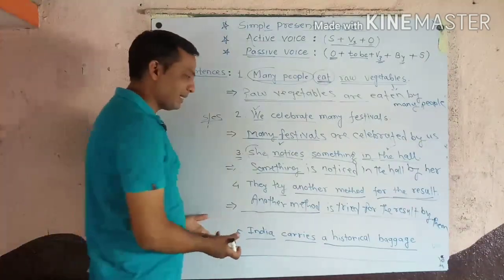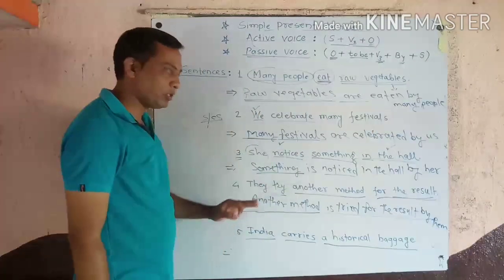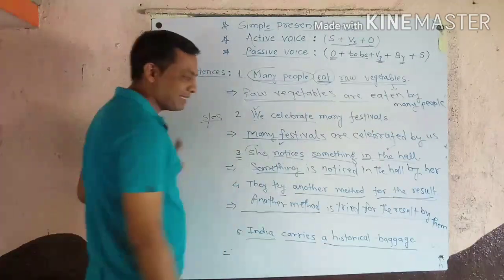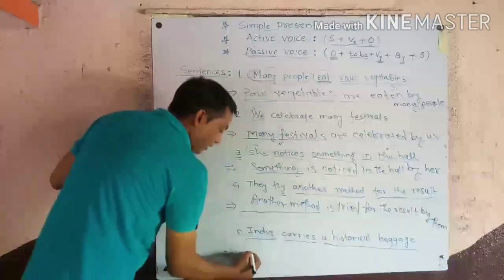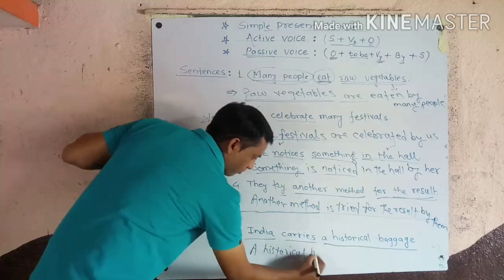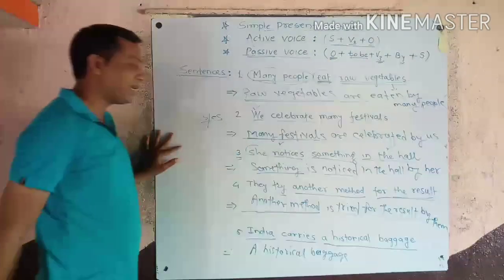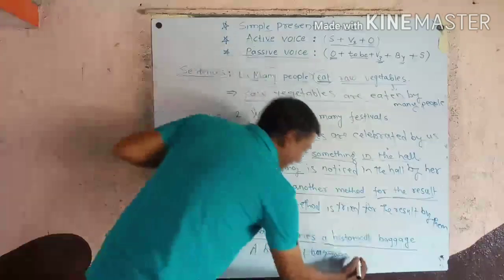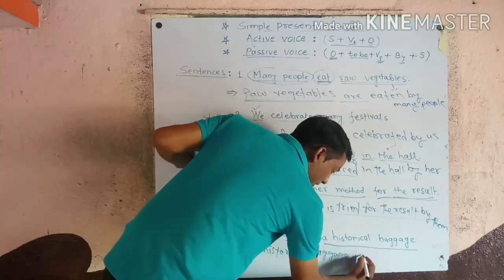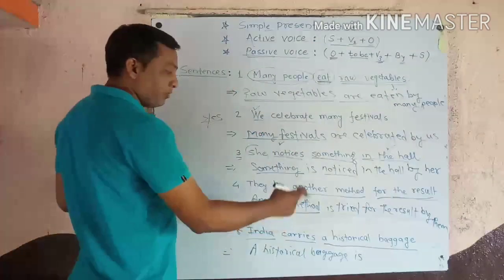And in the last sentence, what should we do? It's a very easy sentence actually, because in this sentence there is no prepositional object, only the direct object is given, that is a historical baggage. Then what should we take here? A historical baggage, as it is a singular noun, therefore is should be written there.